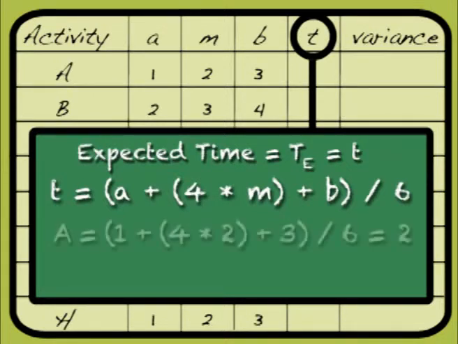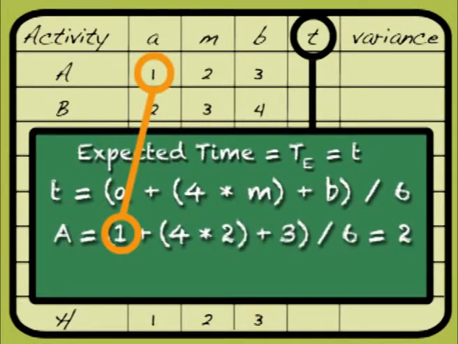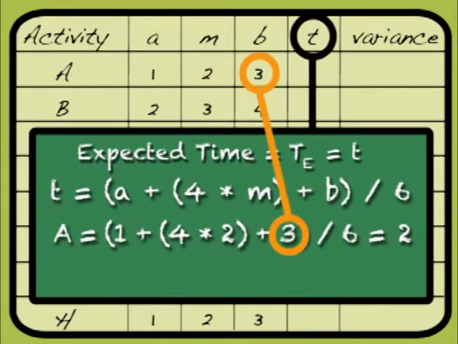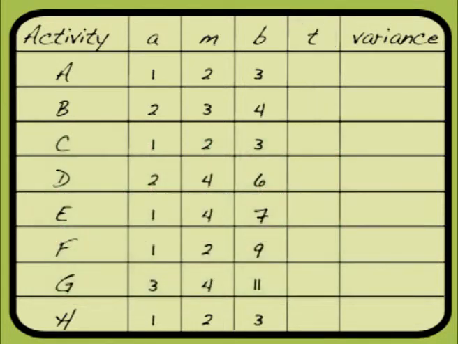We have an optimistic time of 1 plus 4 times the most likely time, which was 2, plus the pessimistic time of 3. And that adds up to 12, and we divide that by 6, and we come up with 2. So now for our chart, we can come back here and we can simply fill in 2.